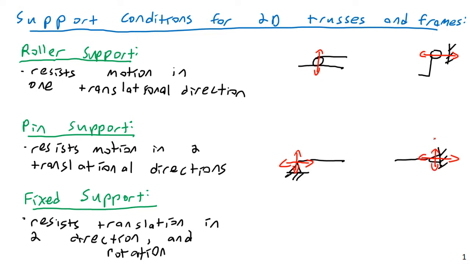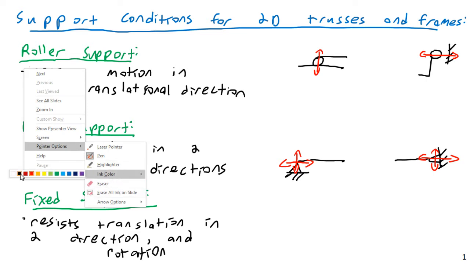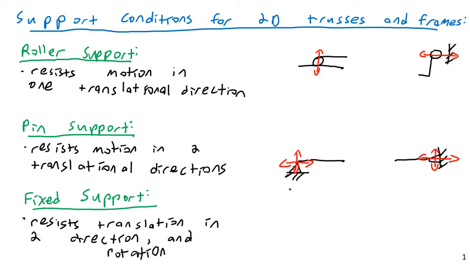And finally, we can have our fixed supports, which, when you're drawing a frame diagram, will just look like a line going into a surface. So something like this, if I can manage to draw a straight line. Or something like this.